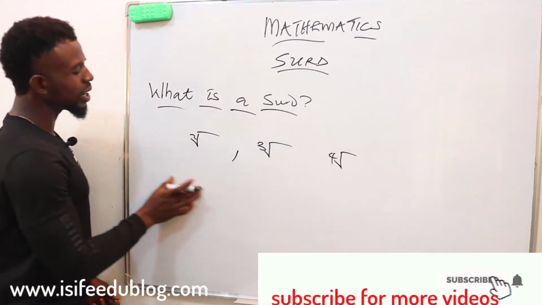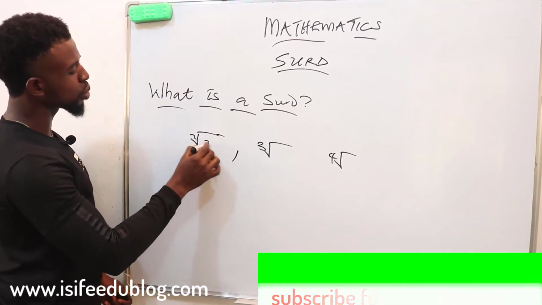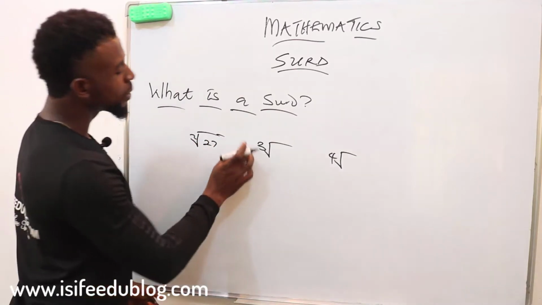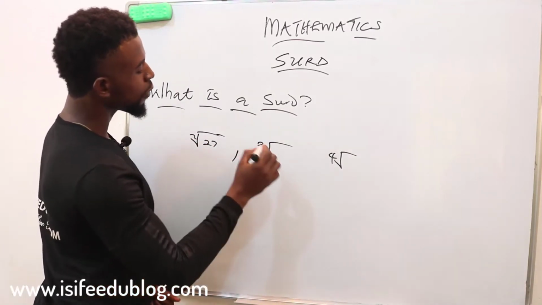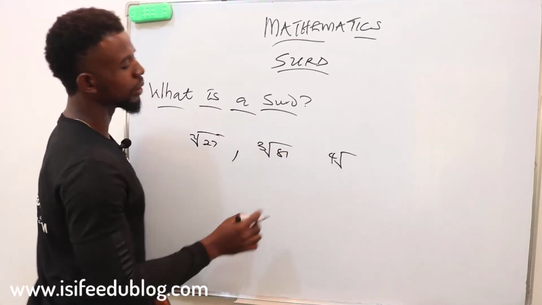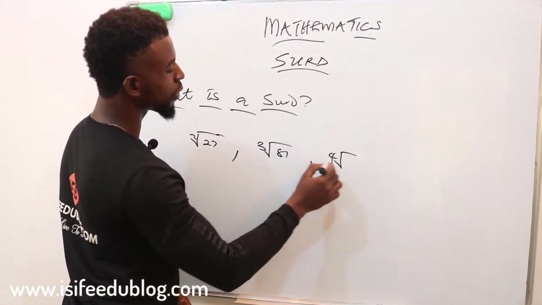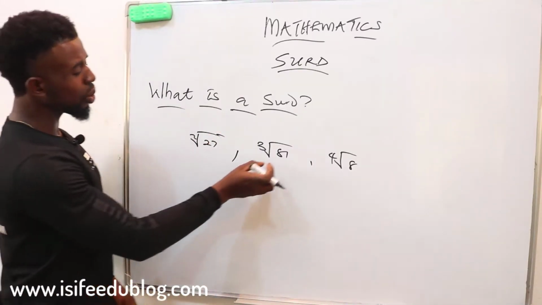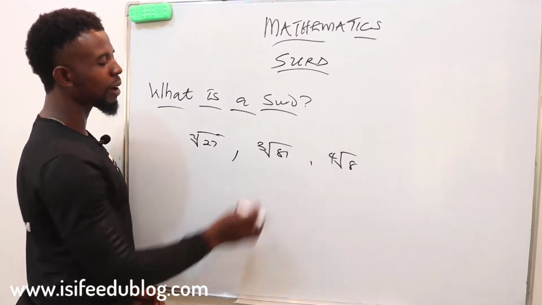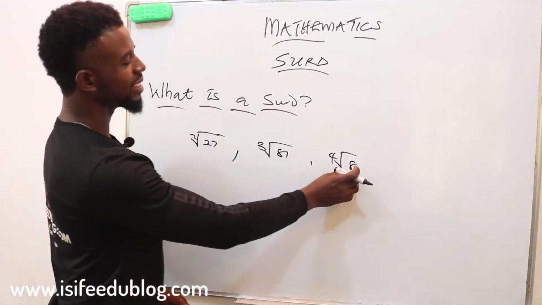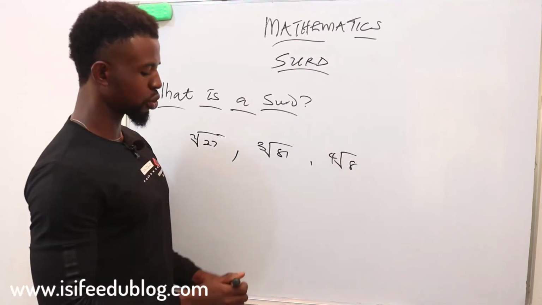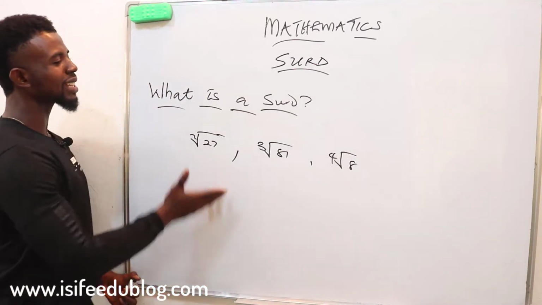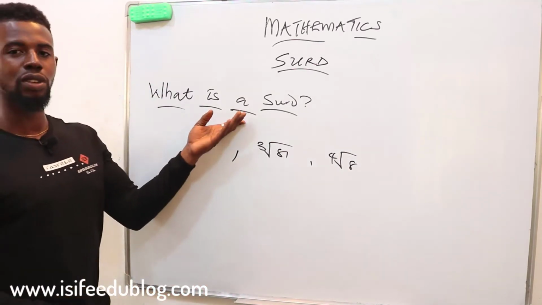Now, if I begin to look for the square root of 27, or the third root of a number like 81, or the fourth root of a number like 8, we know that 27 has no perfect square root, 81 has no perfect third root, and 8 has no perfect fourth root. So, these kinds of numbers are the numbers that we refer to as surds.